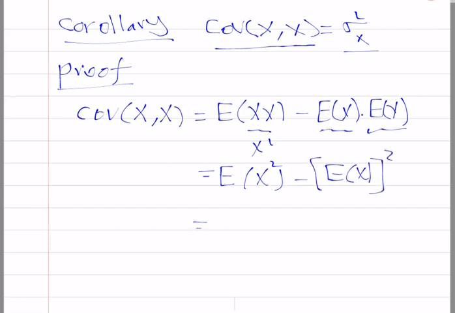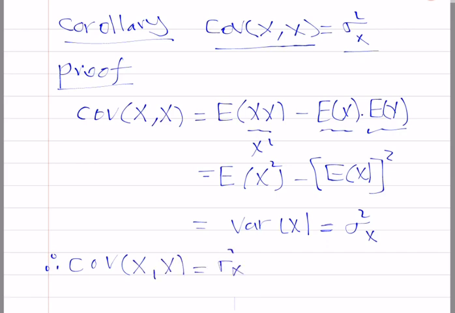So that is the definition of the variance of x. So that is equal to sigma square x. So the covariance between x and x is just the variance of x, sigma square of x.